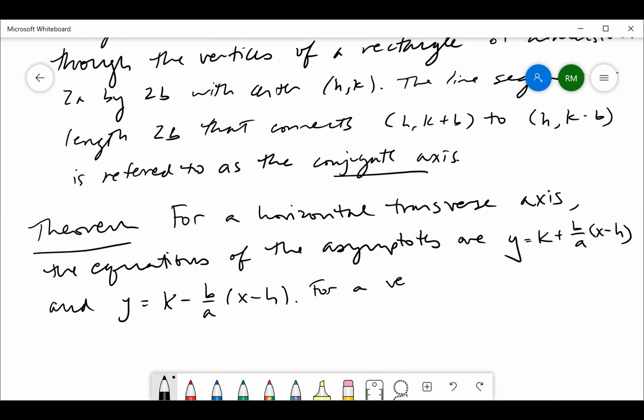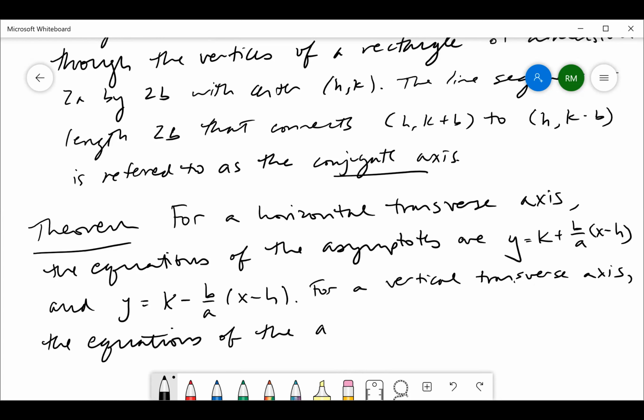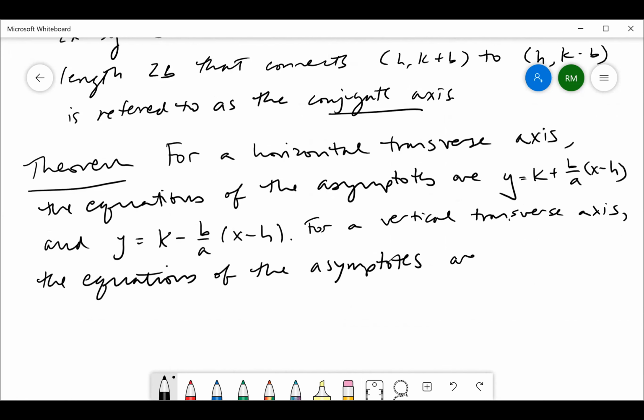For a vertical transverse axis, the equations of the asymptotes are y equals k plus a over b times (x minus h), and y equals k minus a over b times (x minus h).